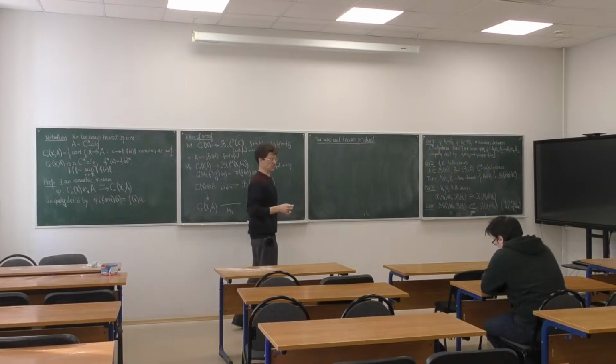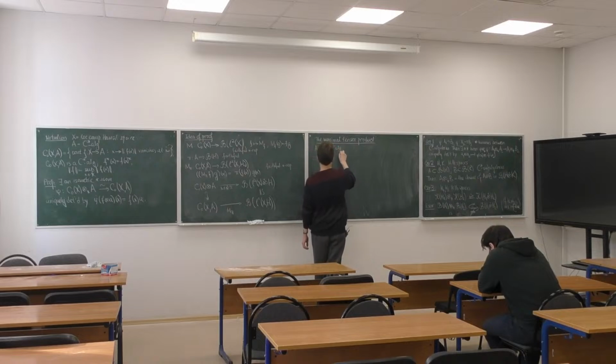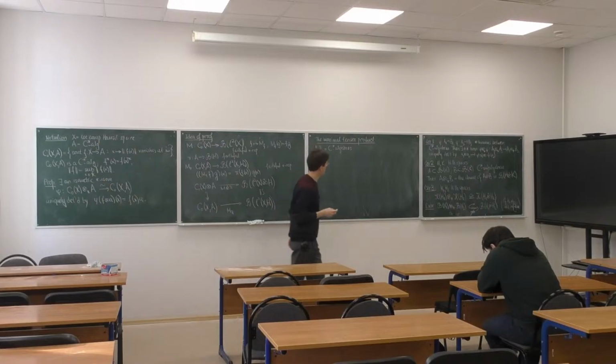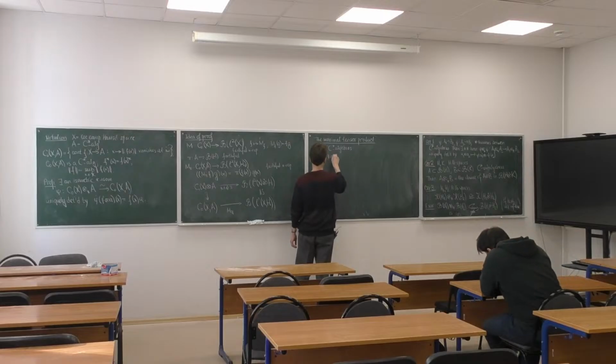So again, we suppose that we have two C-star algebras, A and B. Let's recall one of the formulas which defines the minimal C-star tensor norm on the tensor product.